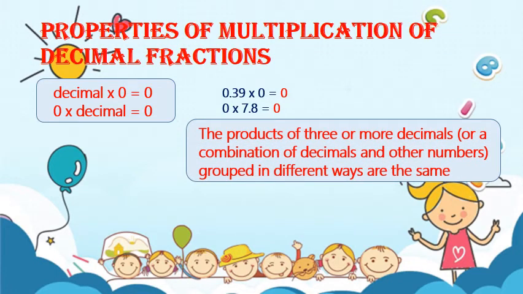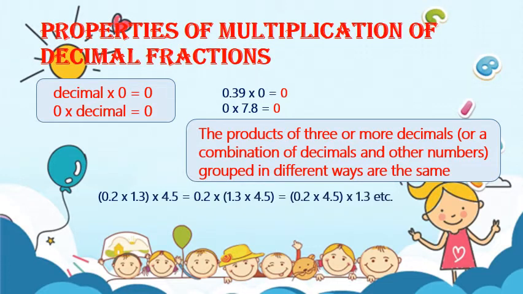The next property is that the products of 3 or more decimals, or a combination of decimals and other numbers, grouped in different ways are the same. That is, when we multiply 3 or more decimals, whether we group them in any order, our product will come the same.